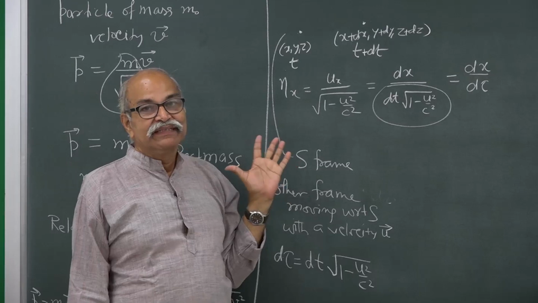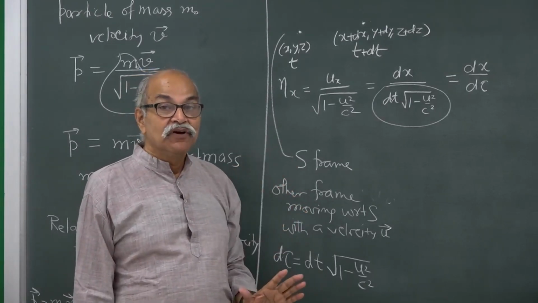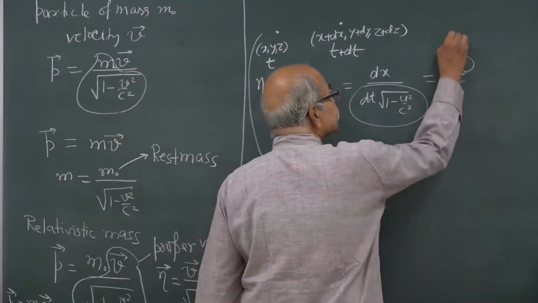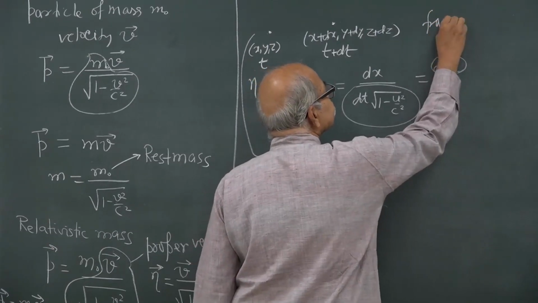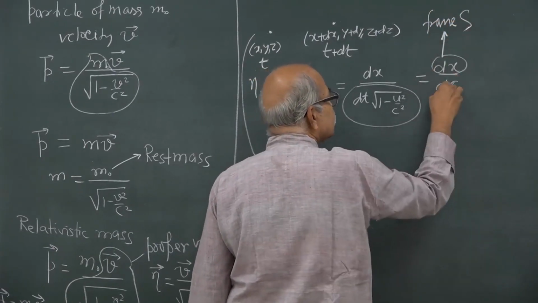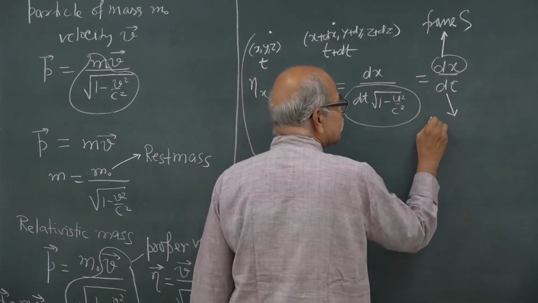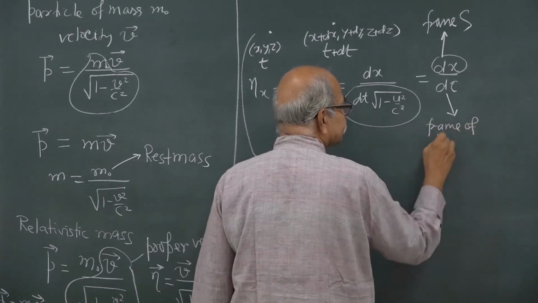But remember, this is a mathematical construct, because dx we are measuring in frame S, and d tau we are not measuring in frame S. This we are measuring in the frame of the particle.